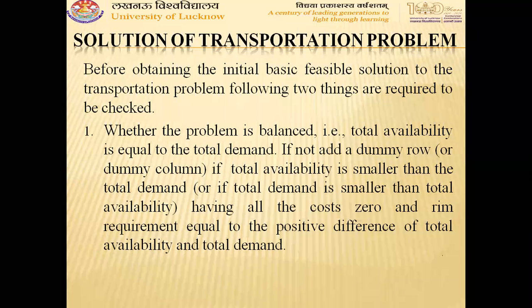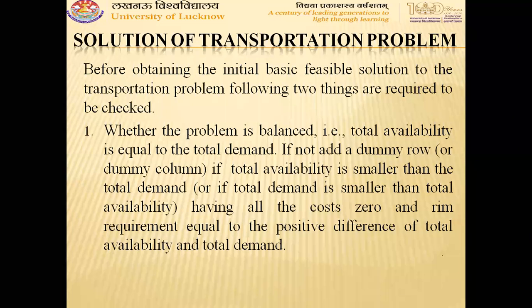If not, we add one row or one column, depending upon whether demand is smaller or supply is smaller. If supply is smaller, then a row is added, and if demand is smaller, then a column is added, and the cost in that introduced row or column will be zero for all the cells, and the rim requirement for that row or column will be equal to the difference of summation ai and summation bj.